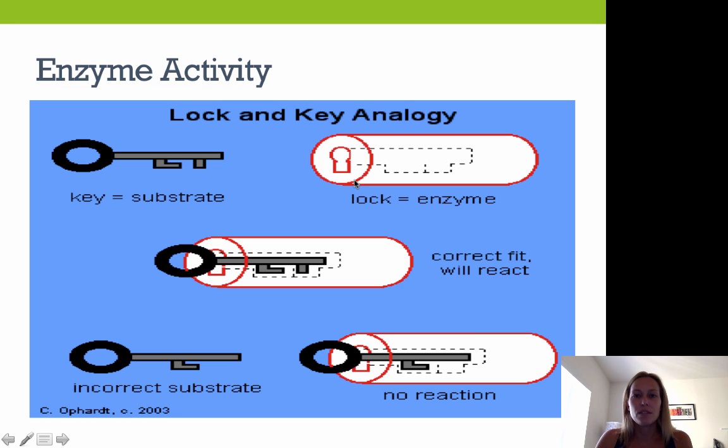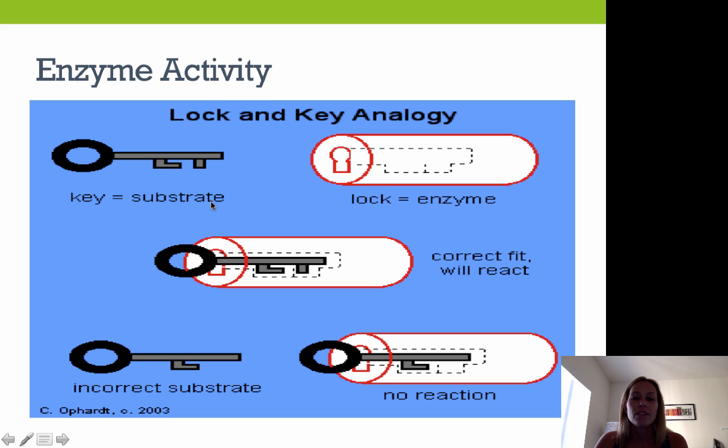So an enzyme is very specific. We often use the analogy of a lock and a key. So there's one substrate to one enzyme. The substrate is very specific to the enzyme. So the enzyme can either catalyze a reaction going forward, taking a substrate and breaking it up into two products, or taking two substrates and putting them together to form a product.